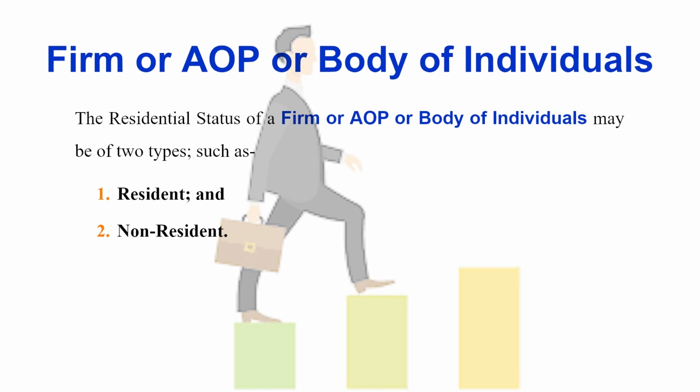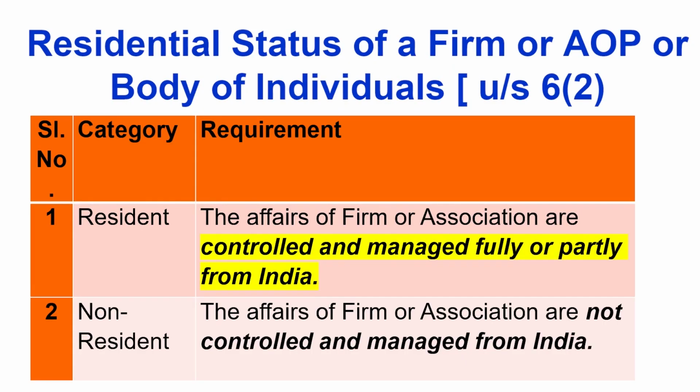A firm or AOP or body of individuals may be resident if the affairs of the firm or association are controlled and managed fully or partly from India. Then it is resident. Or in case of non-resident, the affairs of the firm or association are not controlled and managed from India.